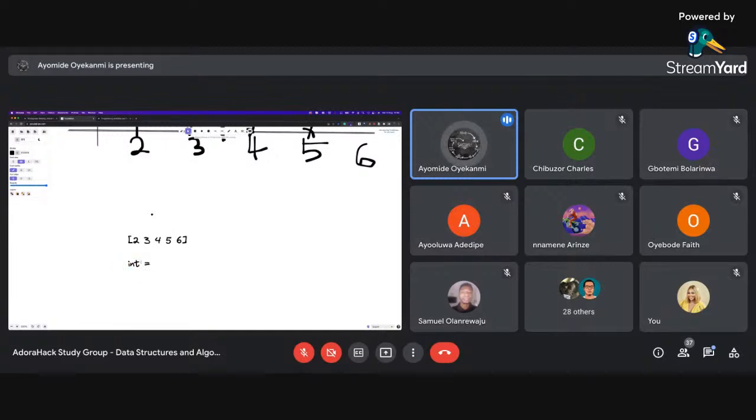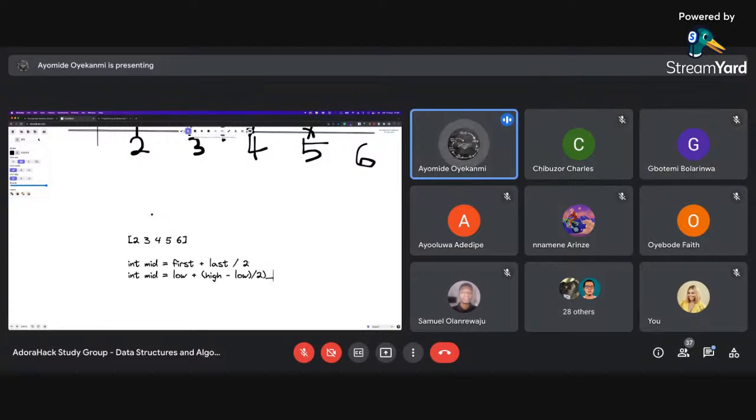One thing we could do would be first index plus last index divided by 2. Another way would be to do int mid is equal to low plus high minus low divided by 2, something like that.